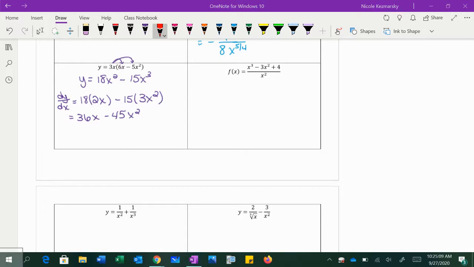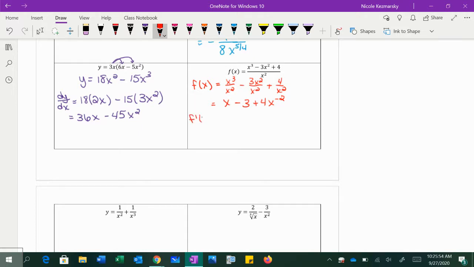Next example looks very similar to one of the ones on the previous page. I'm going to do a rewrite. So I'm going to say f of x is equal to x cubed over x squared minus 3x squared over x squared plus 4 over x squared. So that means now I have x, because 3 minus 2 is 1, minus 3, because the x squareds cancel. And then that x in the bottom can't stay in the bottom for constant multiple rule, so I'm going to move it up and make it -2 as an exponent.